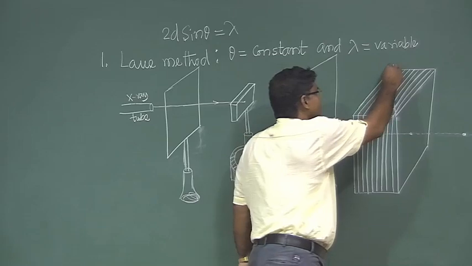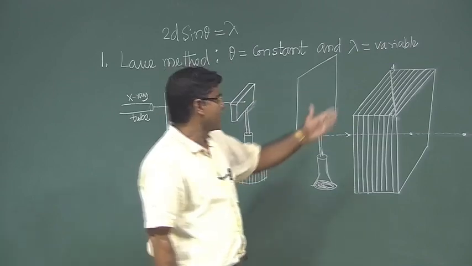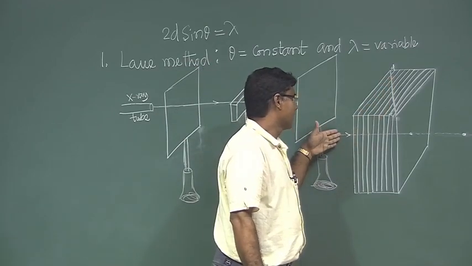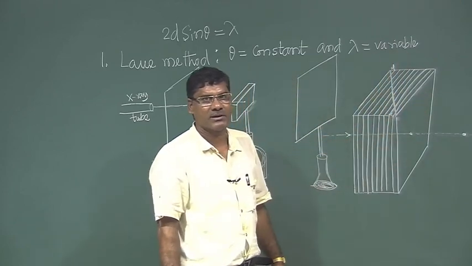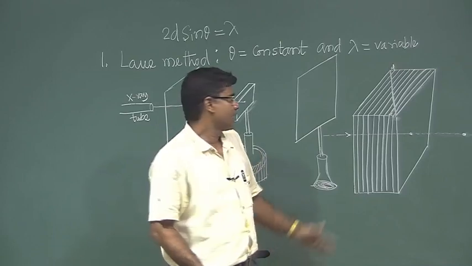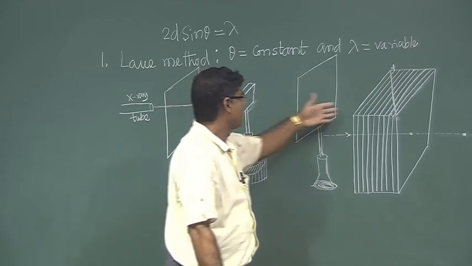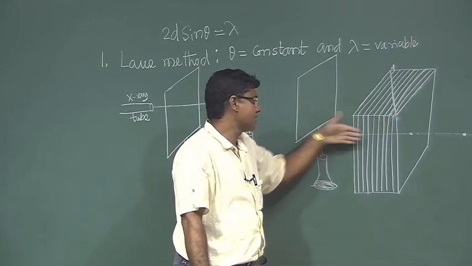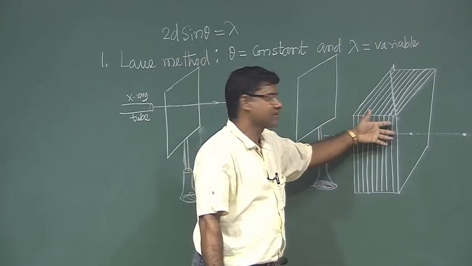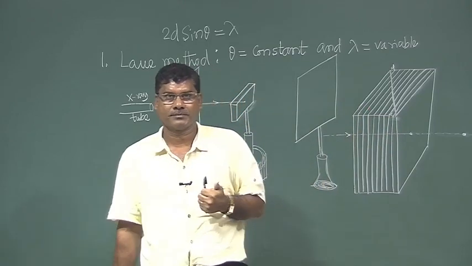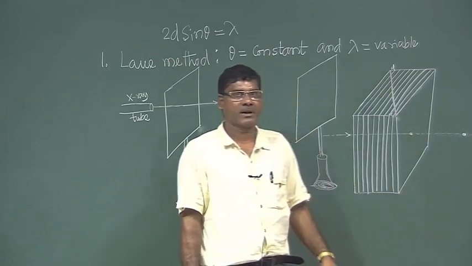So 100 plane means there is a set of parallel planes. Now this set of parallel planes will form an angle with this incident X-ray. Let us say this grazing incident angle with this plane is theta, right.